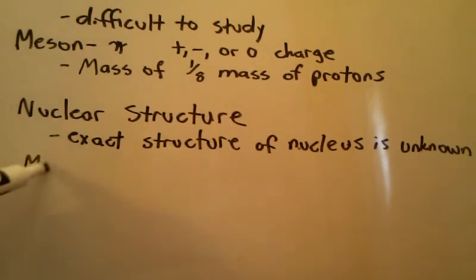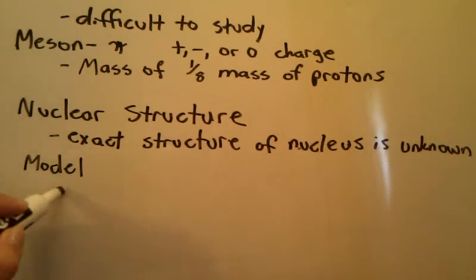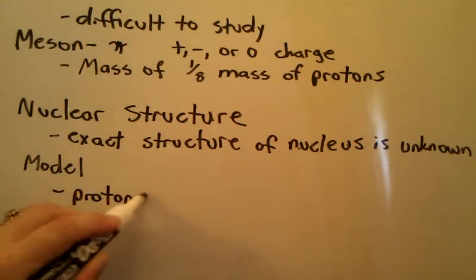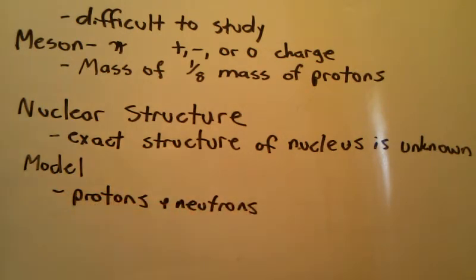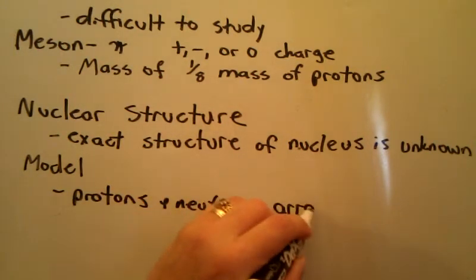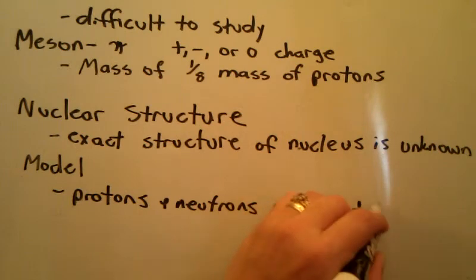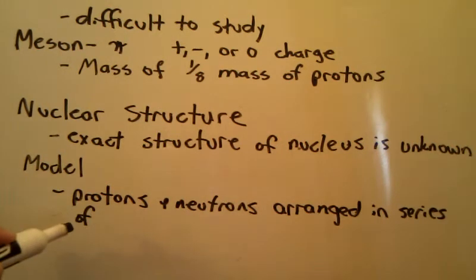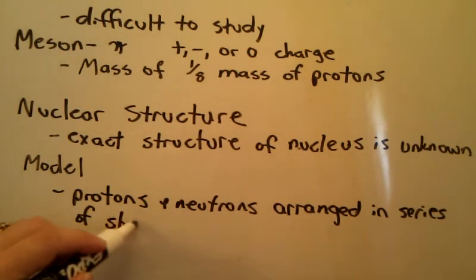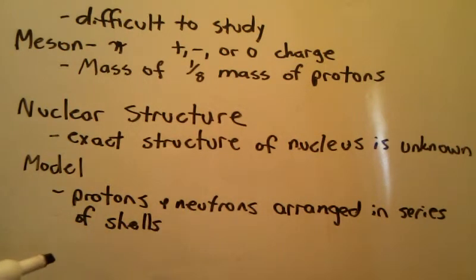So, the model: protons and neutrons are arranged in a series of shells or energy levels, like the electrons around the nucleus.